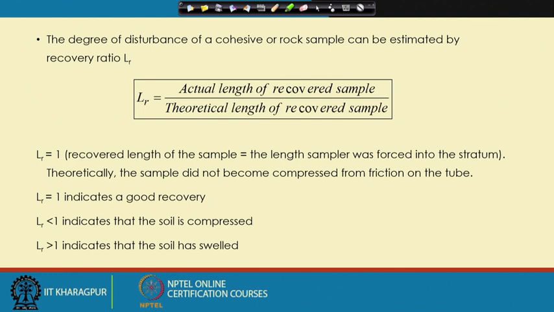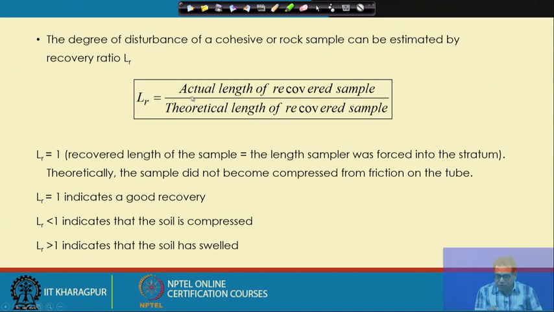So, how can we get the recovery? With the recovery ratio LR. This recovery ratio is the actual length of the recovered soil divided by the theoretical length of the recovered soil. The theoretical length is the length of the tube, and the actual length is how much soil sample you have collected inside the tube.